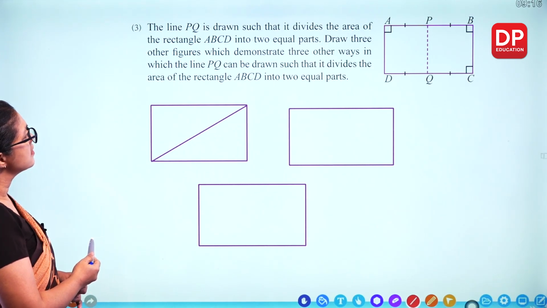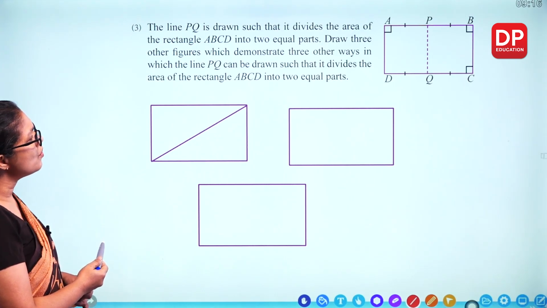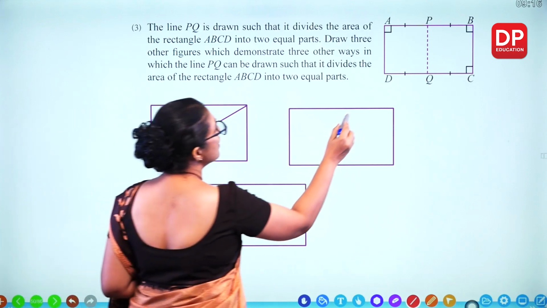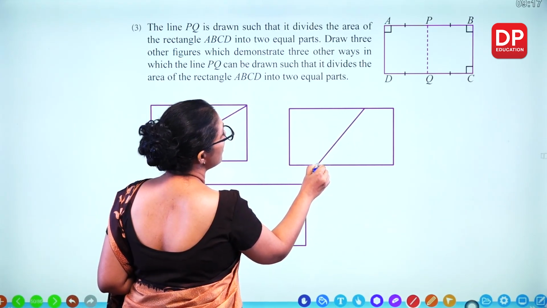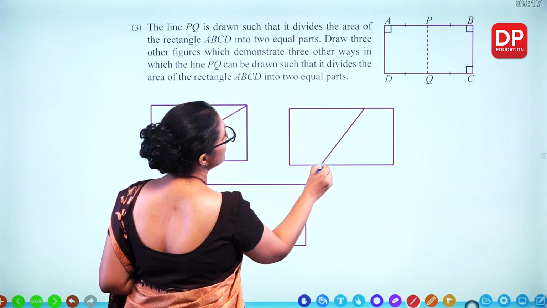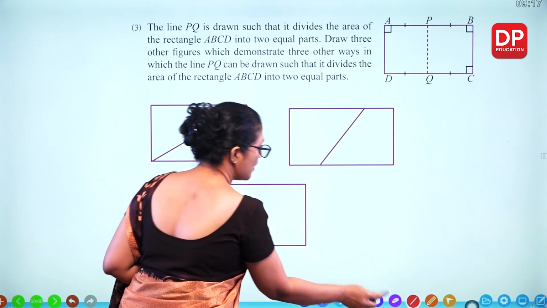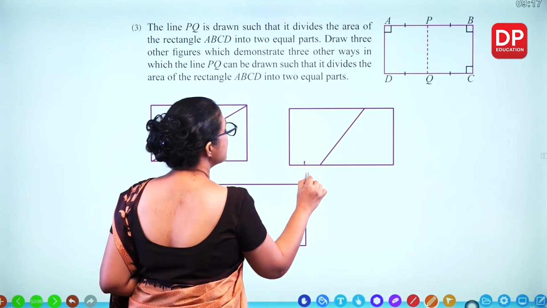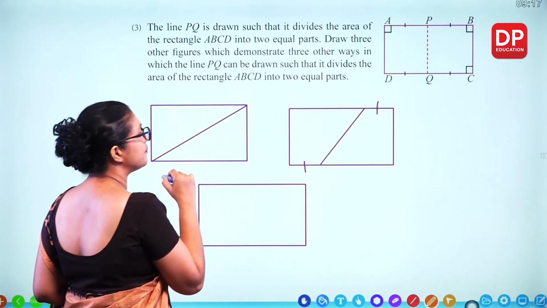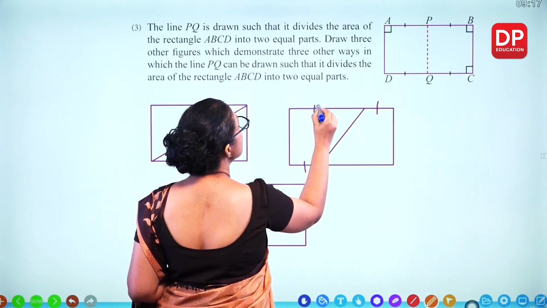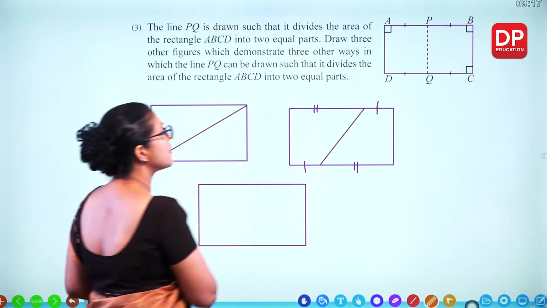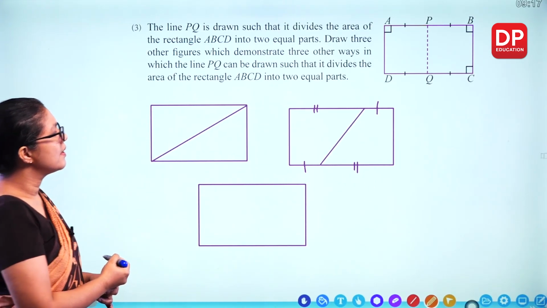areas. And you can do that something like this. Here, this one. So here, this length should be equal to this length. And this length is equal to this length. So that's also possible.